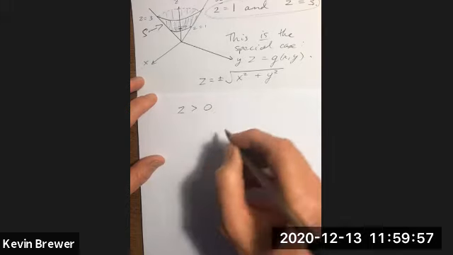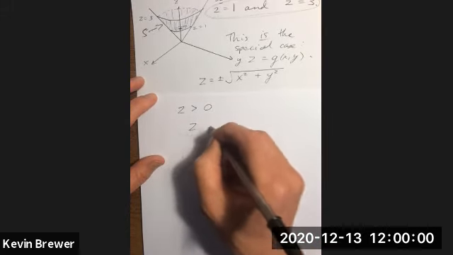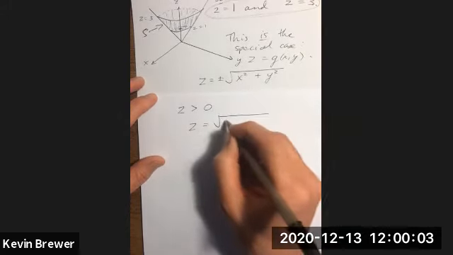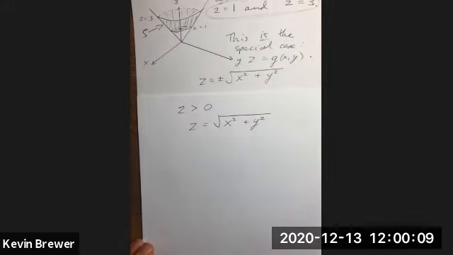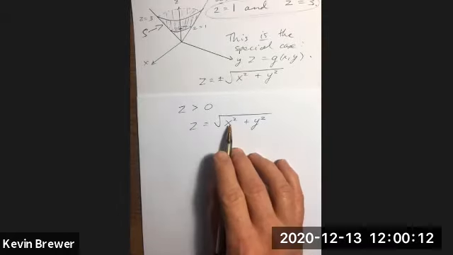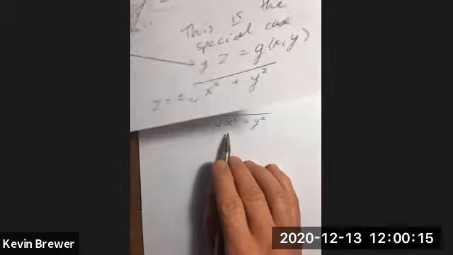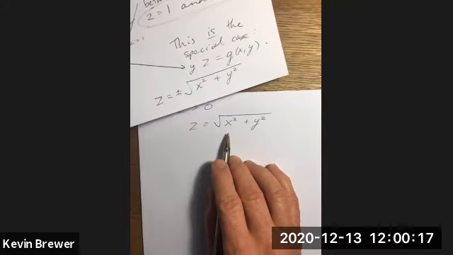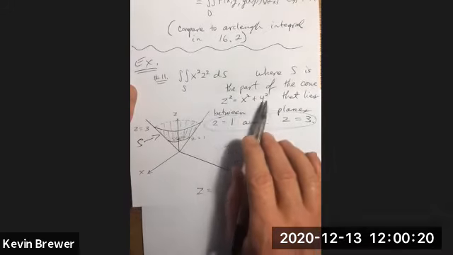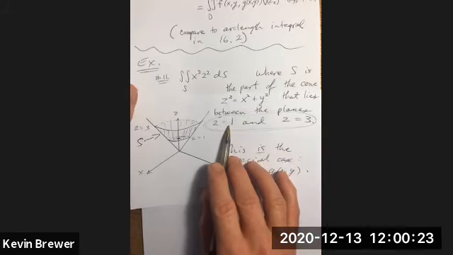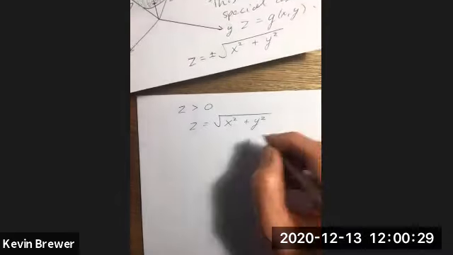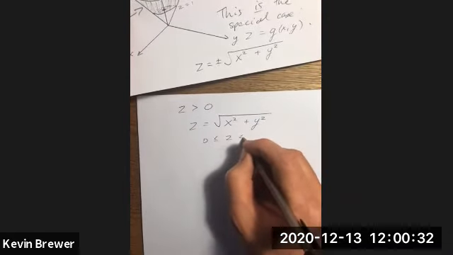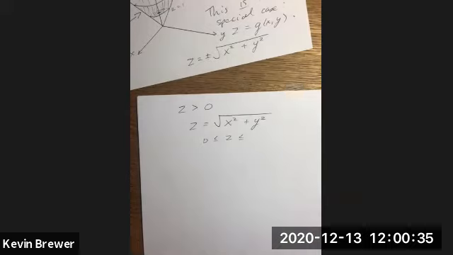So since z is greater than 0, the surface is given by the positive square root of x squared plus y squared. Let's go ahead and say what values, we know that z goes from 1 to 3. Whoops, I just said 1 and didn't write it.